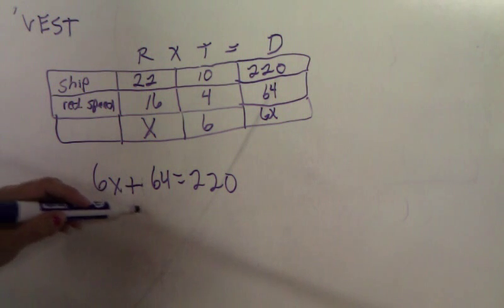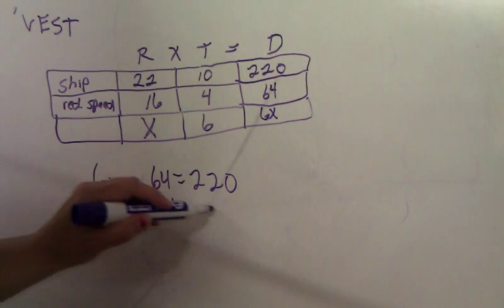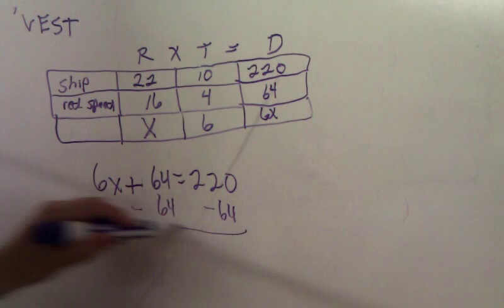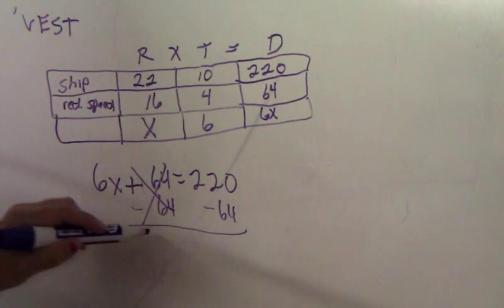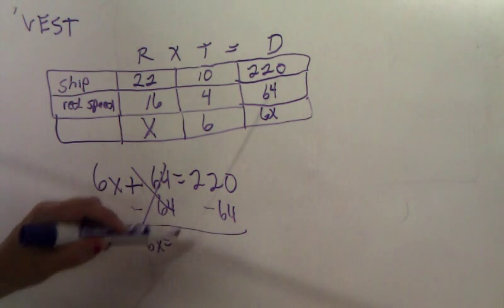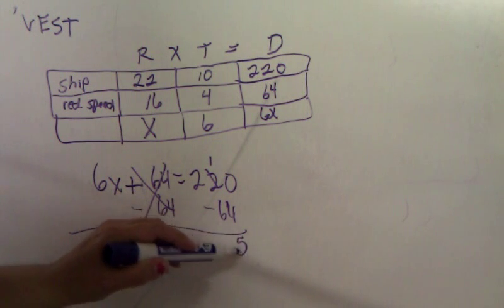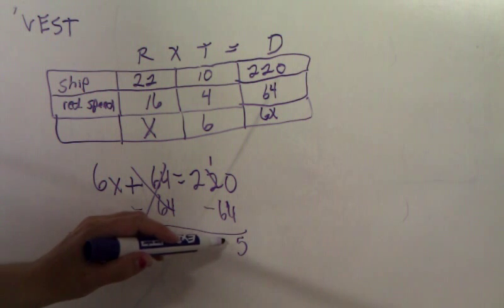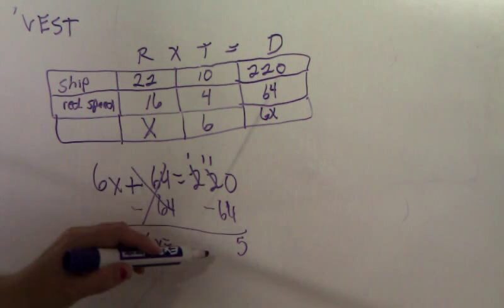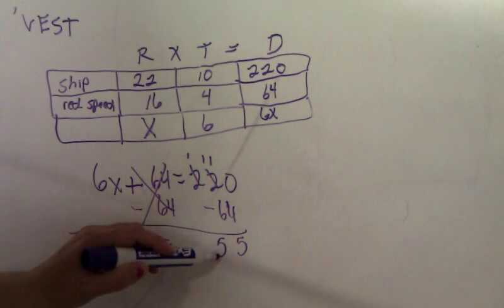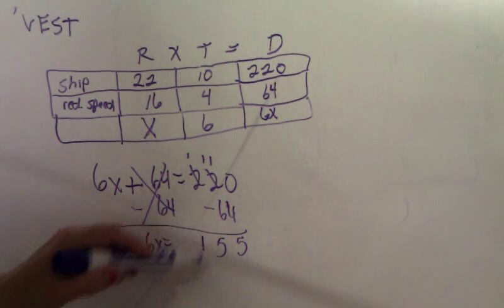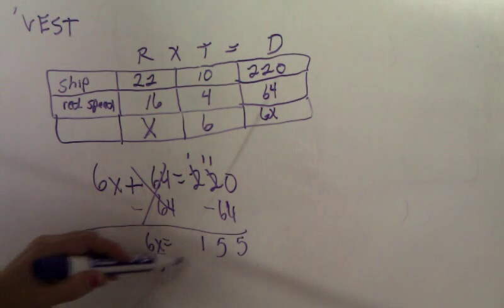Okay, we subtract 64 from both sides. These cancel out, so I have 6x equals 156. Okay, and divide this by 6.